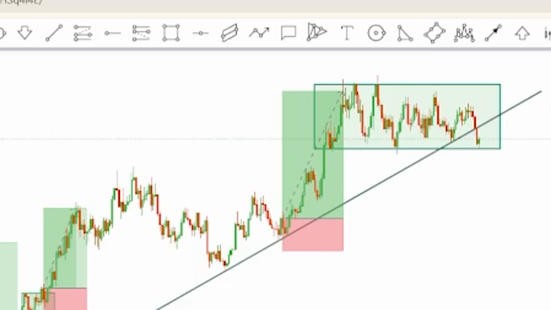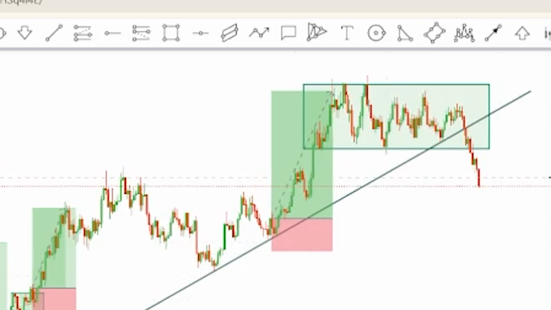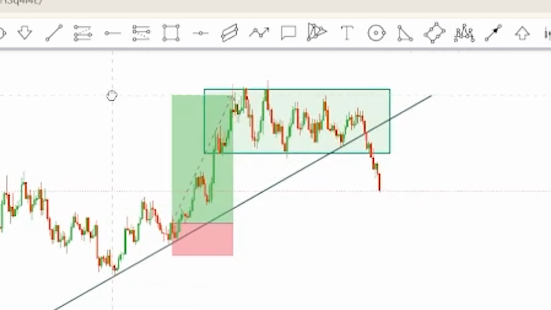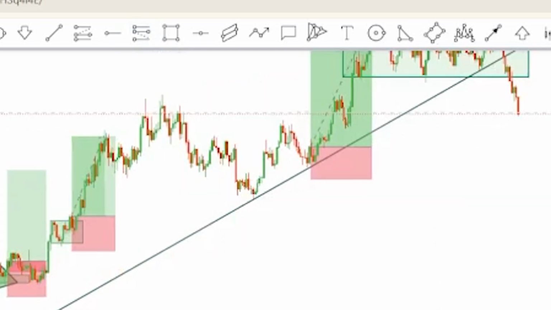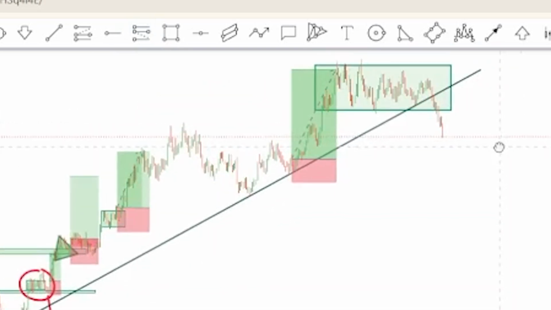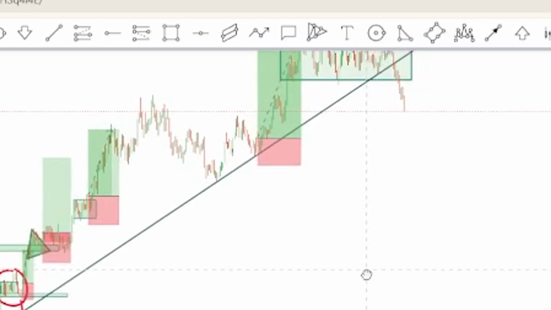Okay, so now we broke below this trend line, which means we are going to keep moving to the downside, as we talked about in our previous videos, that history repeats itself in the market. So the movement we got when we've been moving up is the same movement we are expecting to the downside. Let's see if we can get from this area where we started buying from.